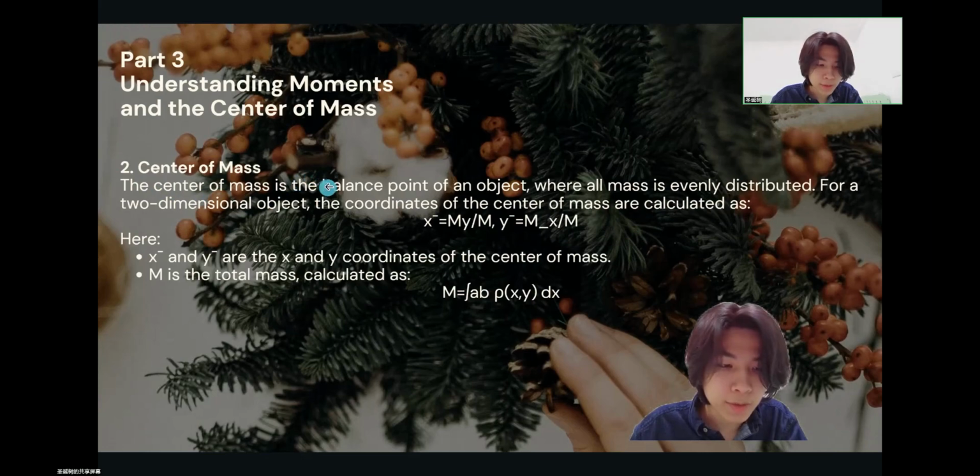The x coordinate is the moment about the y-axis divided by the total mass, and the y coordinate is the moment about the x-axis divided by the total mass. And the total mass is the integral of the density function over a region.